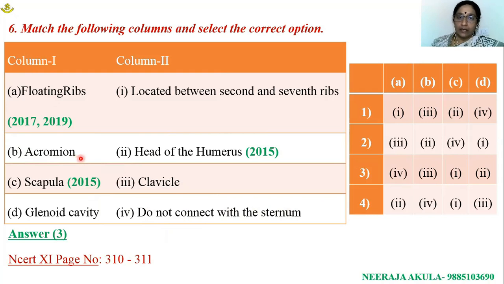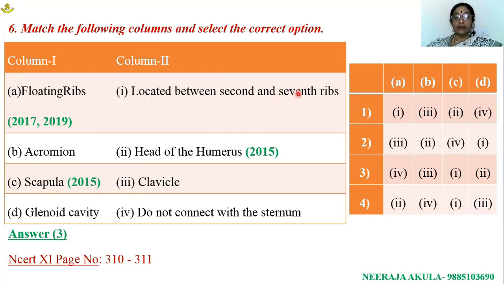Acromion is a flattened bridge-like structure present on the scapula. It extends and articulates with the clavicle. Below the acromion, a depression is present known as glenoid cavity. With that glenoid cavity, the head of the humerus articulates and makes a ball and socket joint.